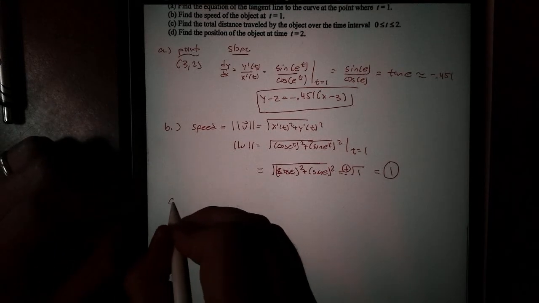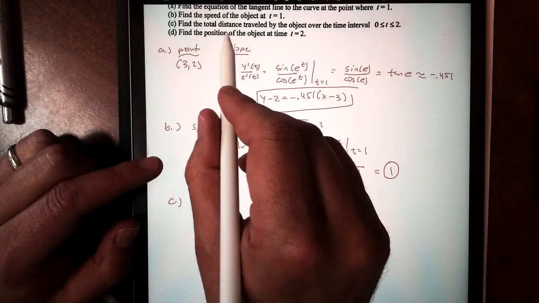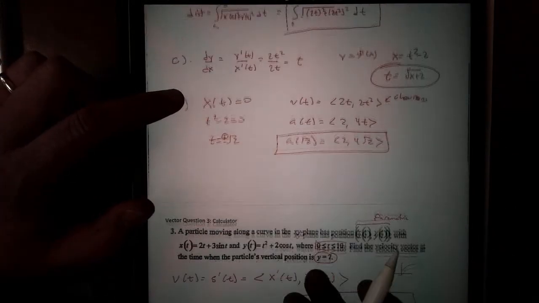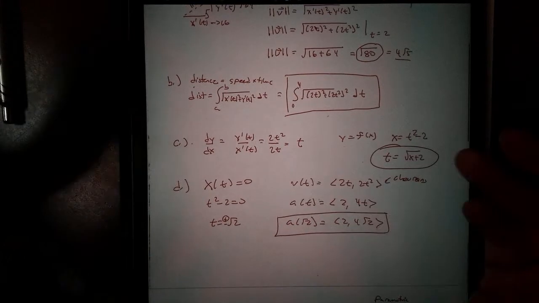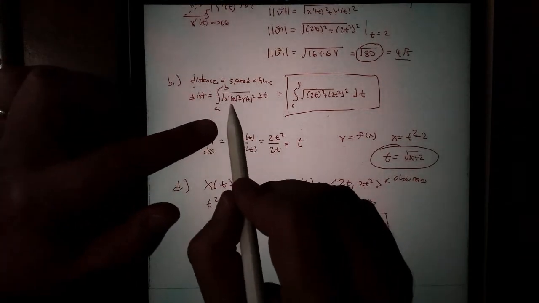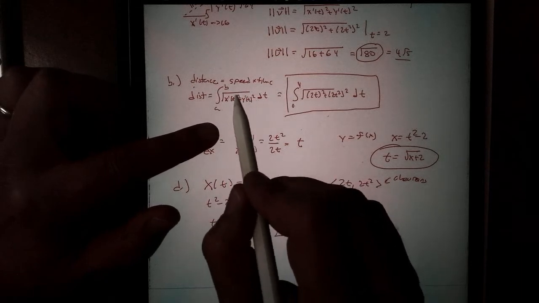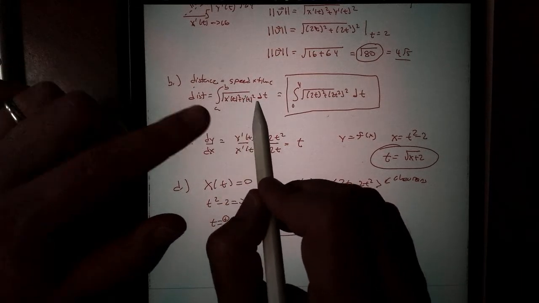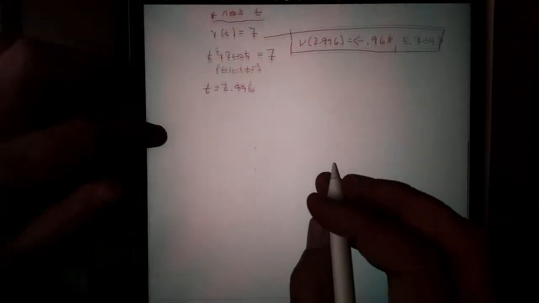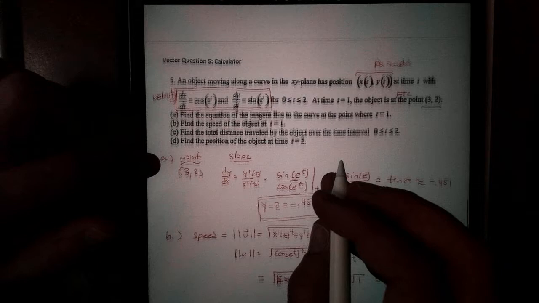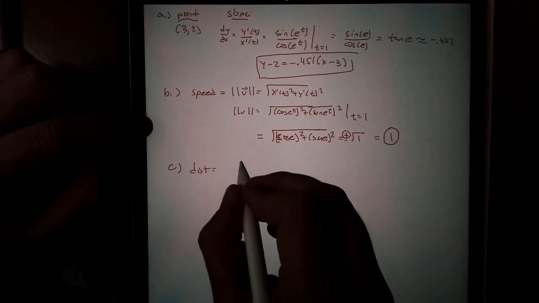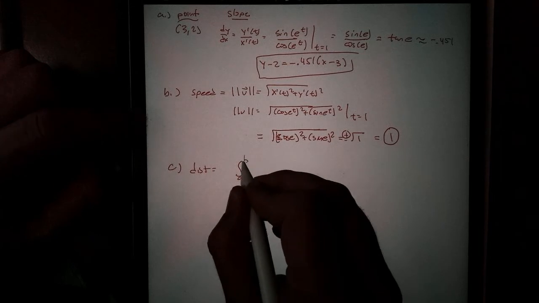All right, so for C, find the total distance traveled. And again, up here, in the first example that we did together, or another video, please take a look at it. To get distance, we just integrated our speed, the magnitude of our velocity, times the change in time. So for distance, our formula is we're going to integrate from a to b.